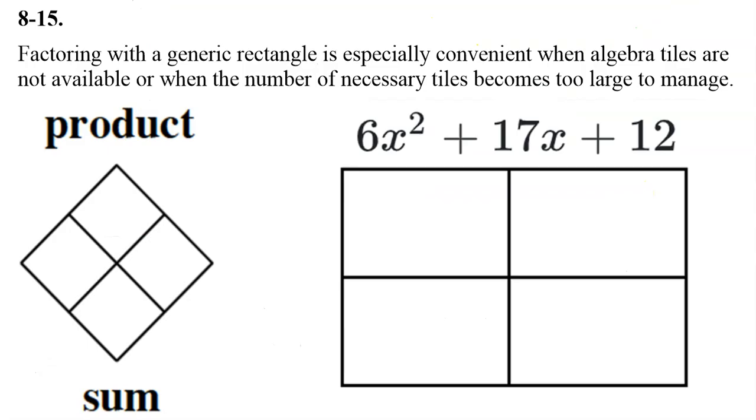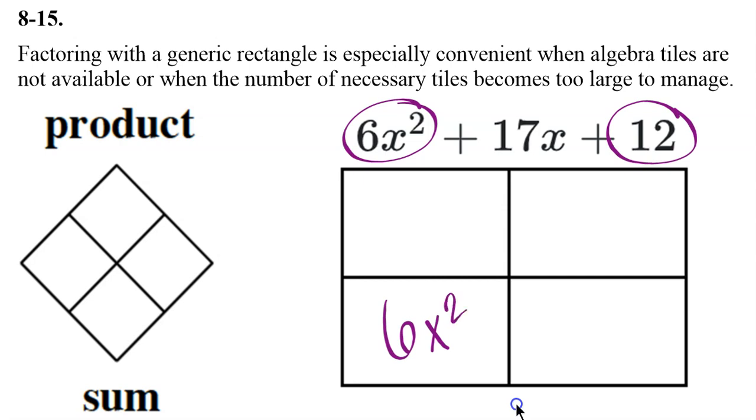Piece of cake. So factoring the generic rectangle is convenient when algebra tiles are not available, because we don't always want to have to go through algebra tiles. So first, once again, these two, 6x squared and 12.